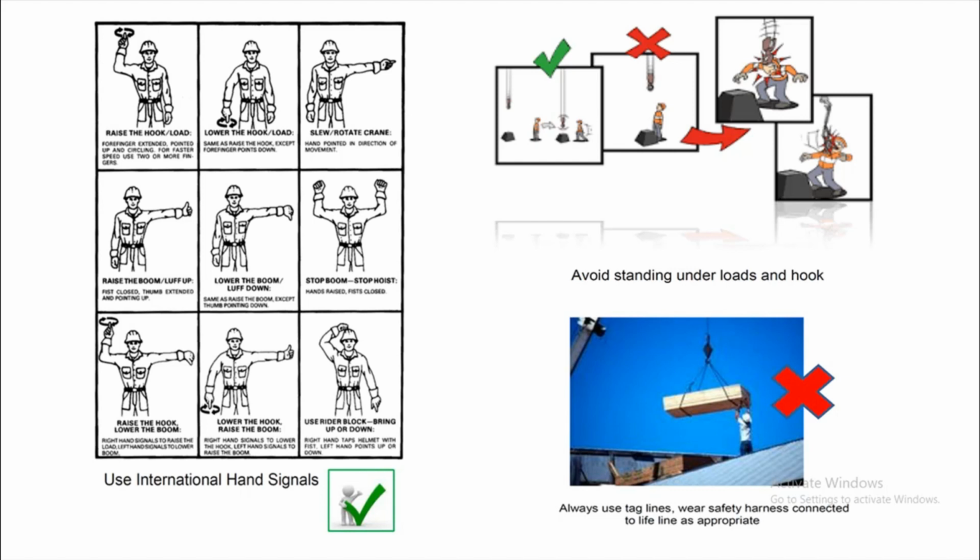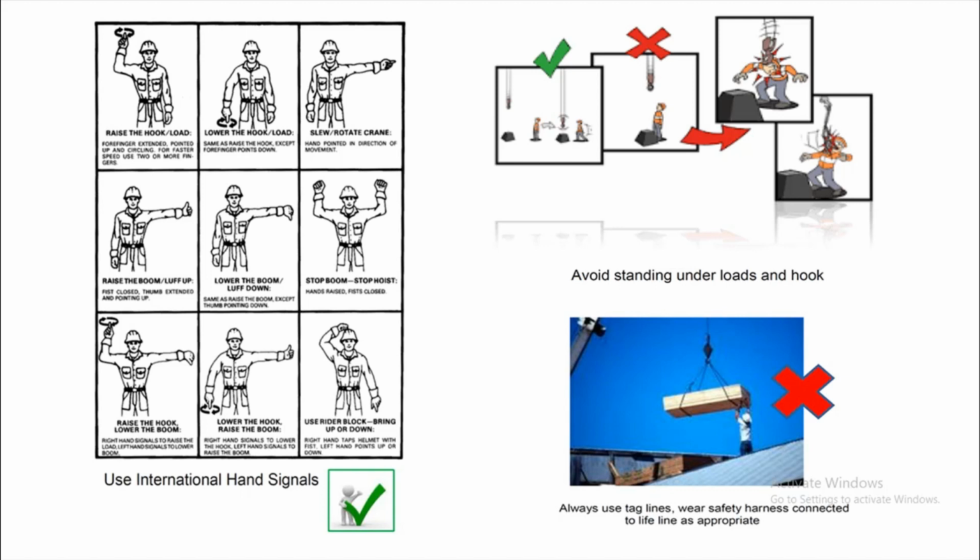Raise the hook and lower the boom. At the same time, when two hands are making signals, one pointing finger is pointing upward, rotating, and the other hand is thumb down, it means the operator needs to raise the hook while lowering the boom for mobile cranes.